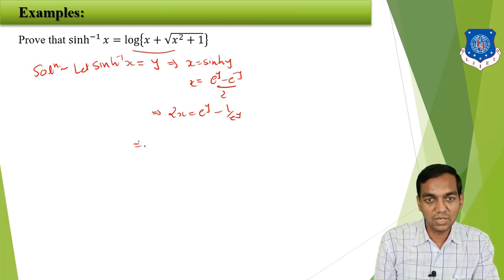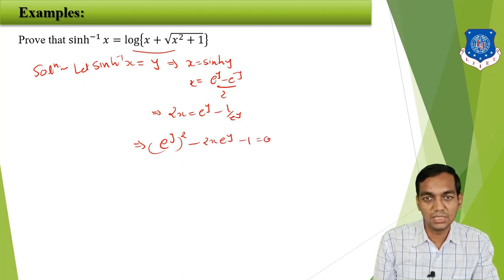Multiplying with e raised to y and writing the equation in the form of equal to 0, you will get e raised to y into e raised to y, that is e raised to 2y, minus 2x e raised to y minus 1 is equal to 0. Again, let e raised to y be t, then this is t square minus 2x t minus 1.